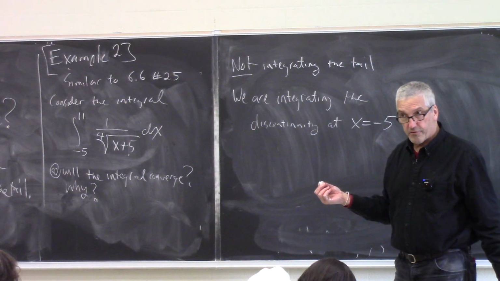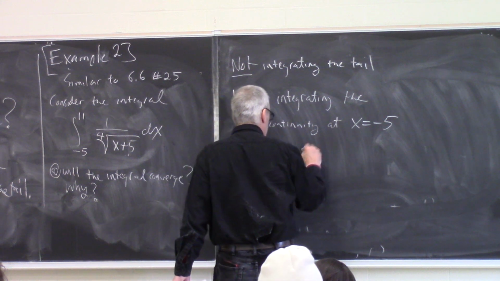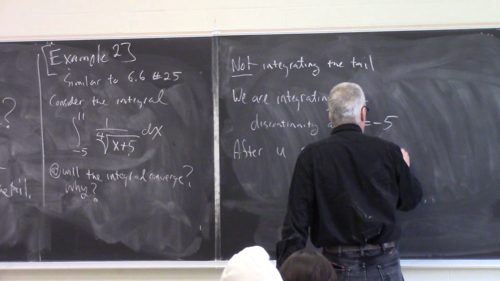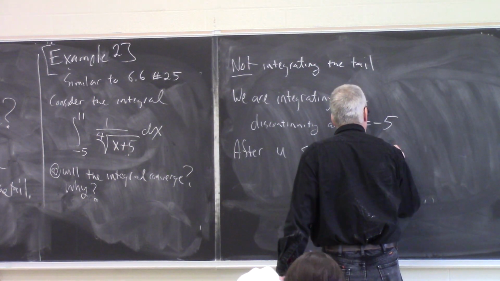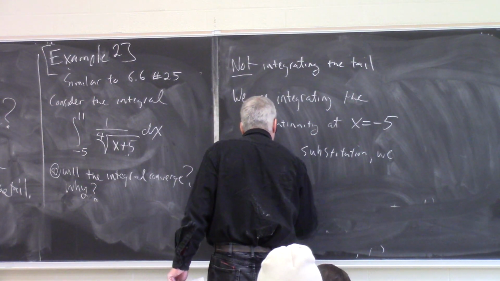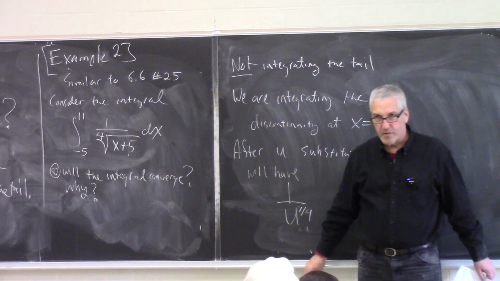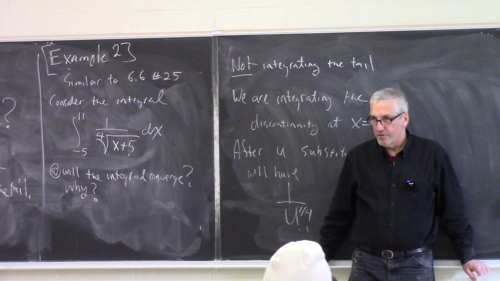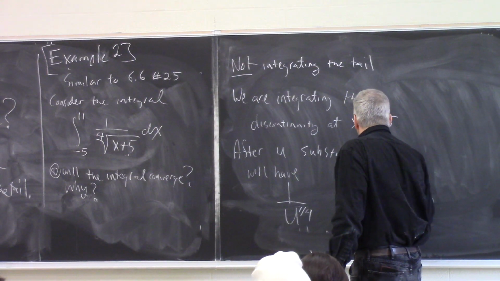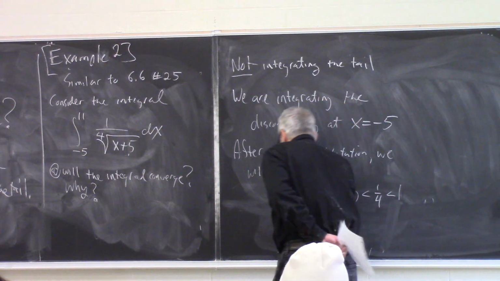When we do a u substitution, we will have one over u to the 1/4. That's a green graph over there on the left category. So that's going to converge. So 1/4 is between 0 and 1, and we're not integrating the tail, we're integrating the discontinuity, so it will converge.